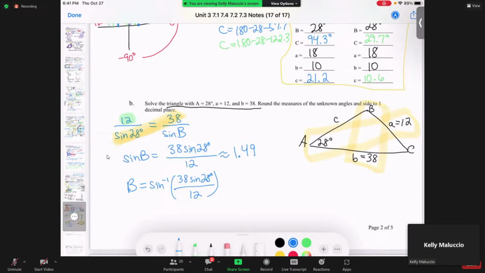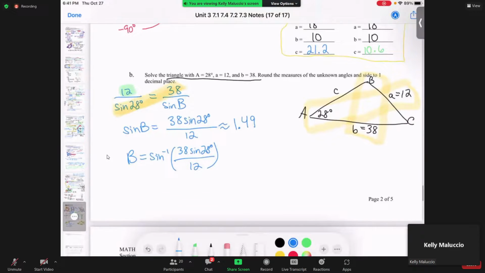Okay, so if you enter this in a calculator, this will give you an error, and we will be sad and it will not be fun. But the reason is this: you are trying to enter into your calculator inverse sine of 1.49. What is the range of sine? Think about the sine curve for a second.